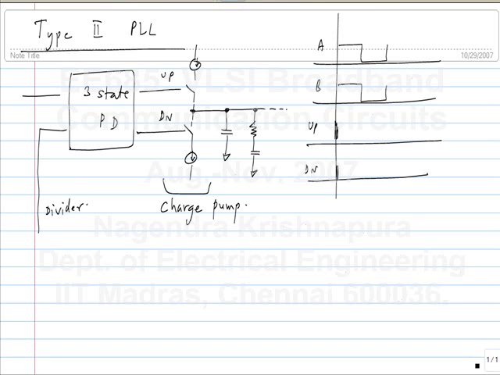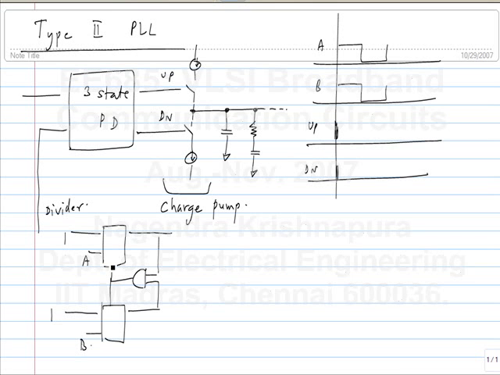So the 3-state phase detector consists of 2 flip-flops which are reset if the outputs are simultaneously high. Now, in the ideal case, we assume that the AND gate reacts instantaneously and the flip-flops react instantaneously to the reset signal.